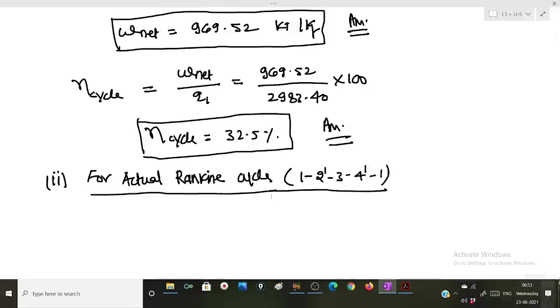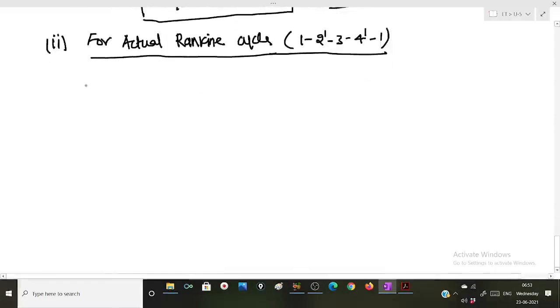For this cycle, we have been given the turbine and pump efficiency as 80%. So we are supposed to calculate net work output and cycle efficiency.